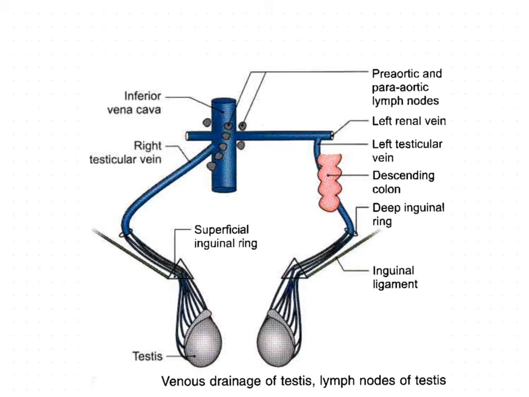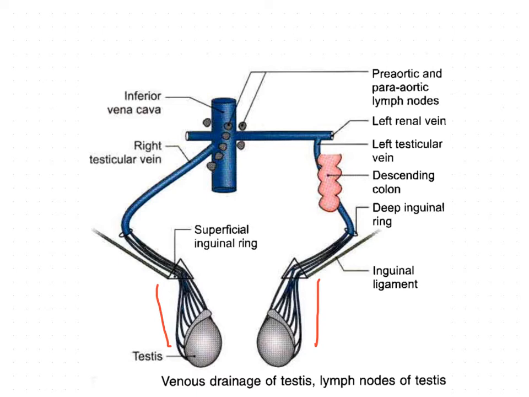The anterior part of the plexus is arranged around the testicular artery, the middle part around the ductus deferens and its artery, and then the posterior part is isolated.